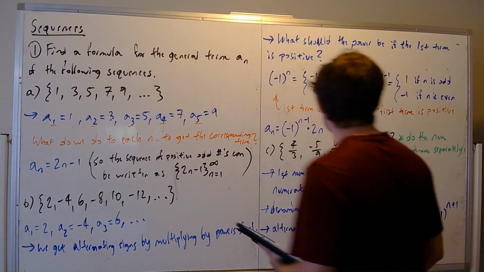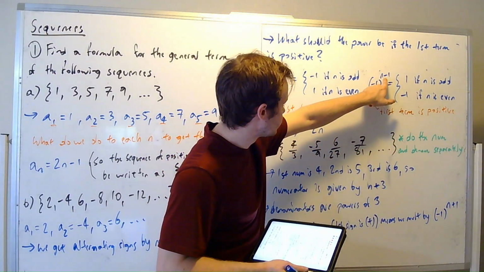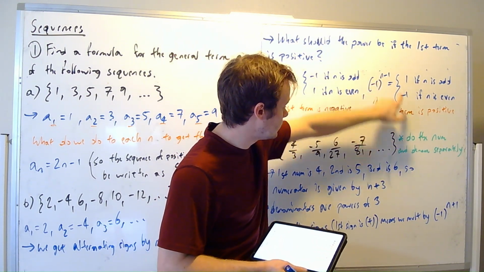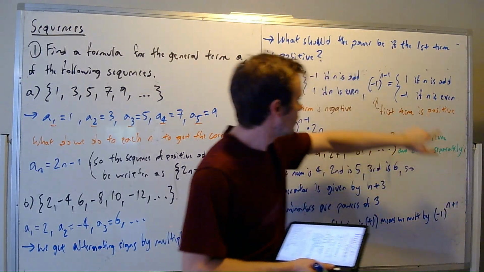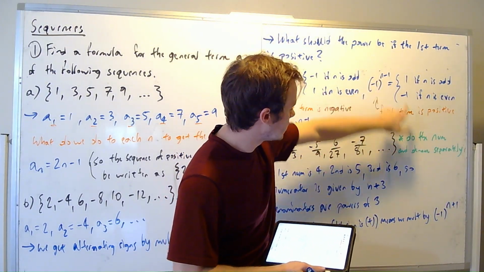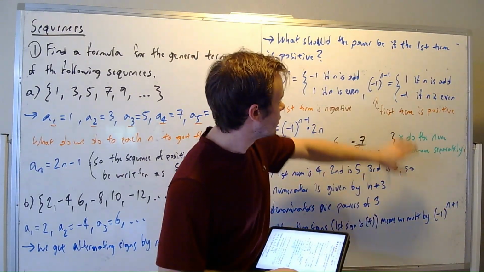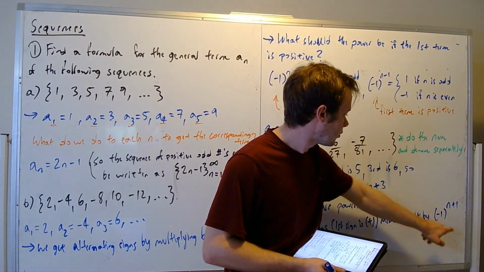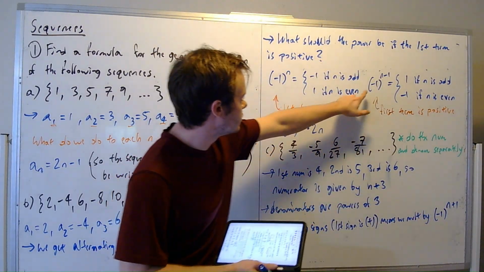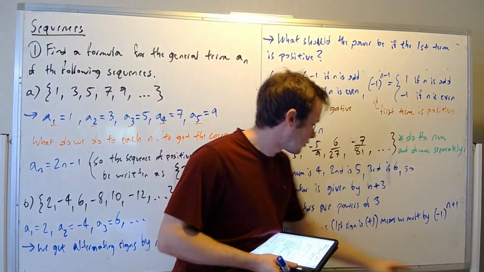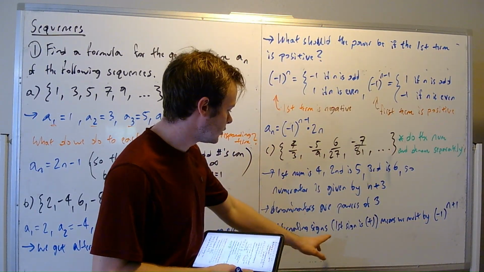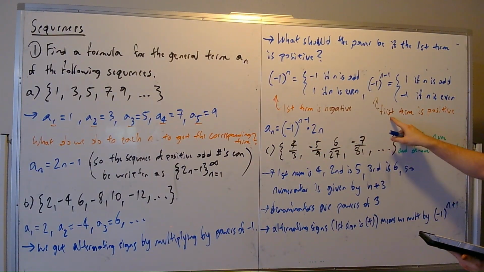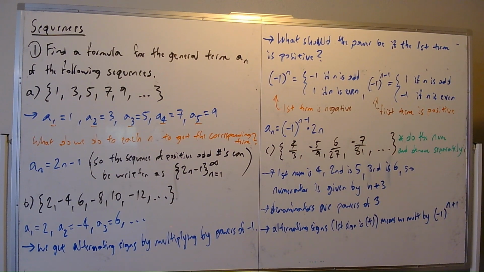The reason for that is if n is an odd number, this power is even. This power is also even. If n is an even number, this power is odd, and this power is also odd, right? So if you ever see this, it means the same thing as negative 1 to the n plus 1. Since we have the alternating signs, and the first sign is positive, we need to use this, but it's the same thing.